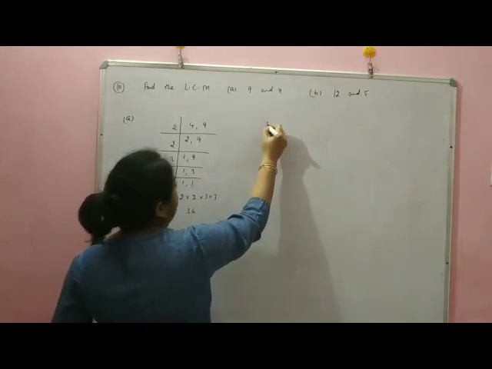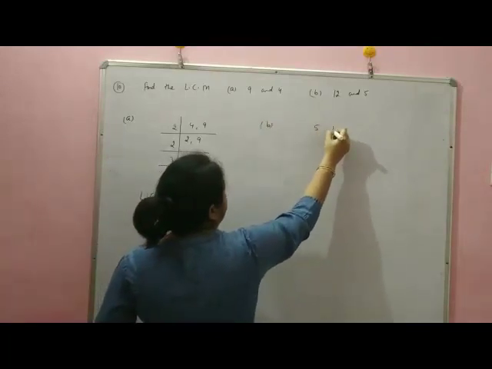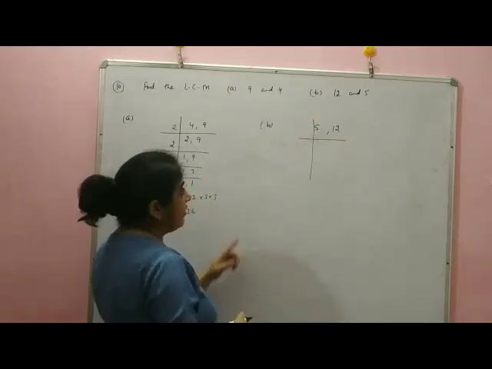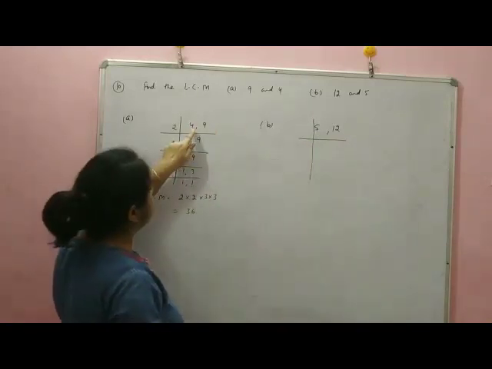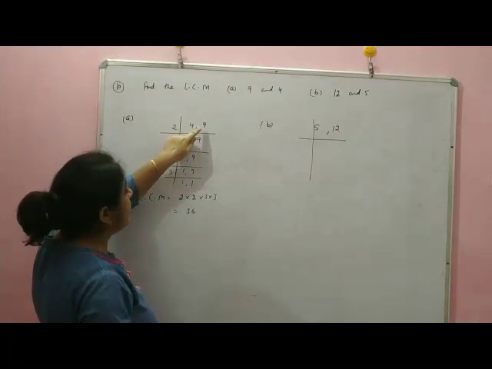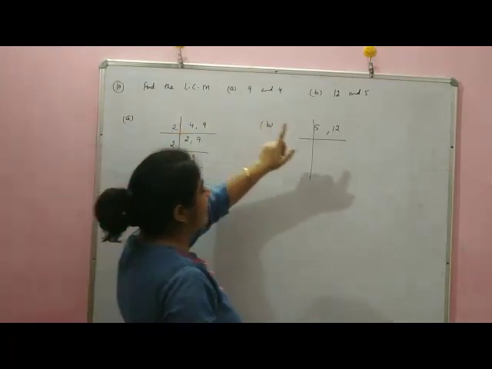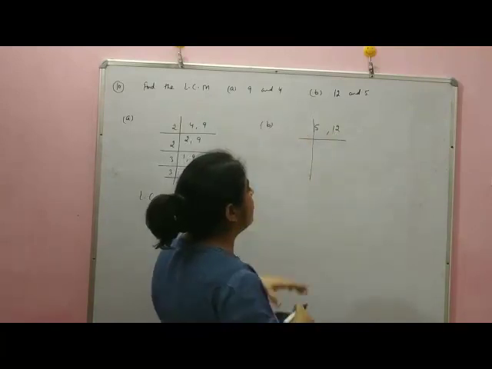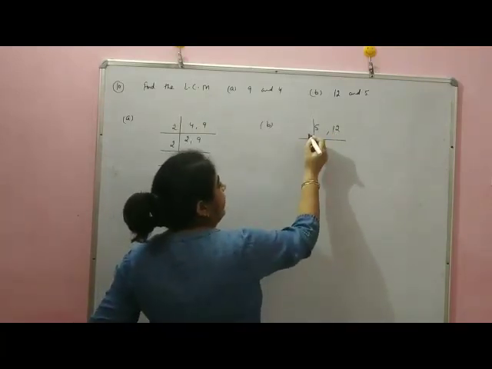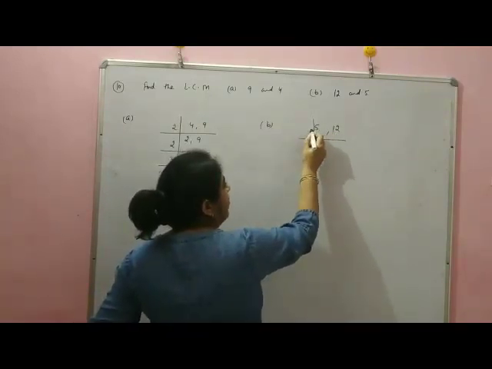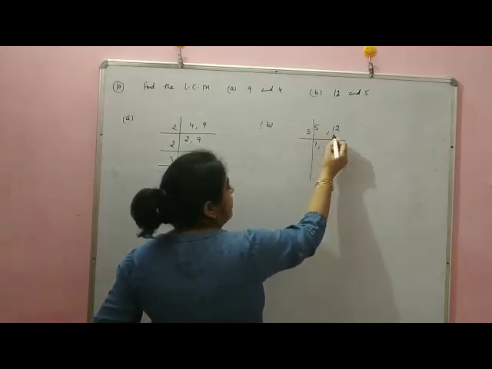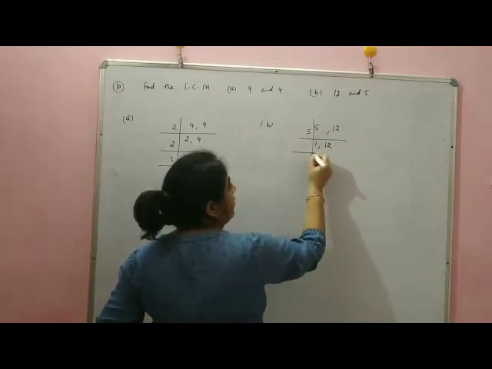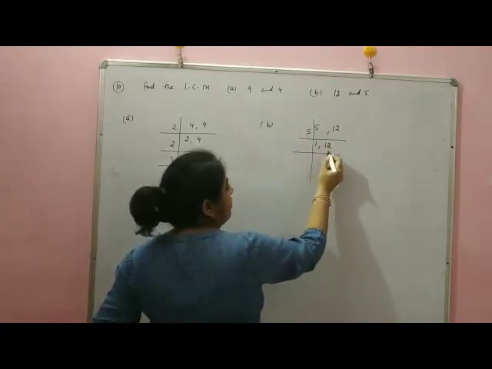Now see the B part, 5 and 12. We are using the common division method. Same as we have done here, we are observing that 4 and 9 are not coming in the same table together, and 5 and 12 are also not coming in the same table. So we will take them separately. Just suppose I am taking 5 first. 12 is not coming in the table of 5, so keep it as it is. 12, now we have to make it 1.